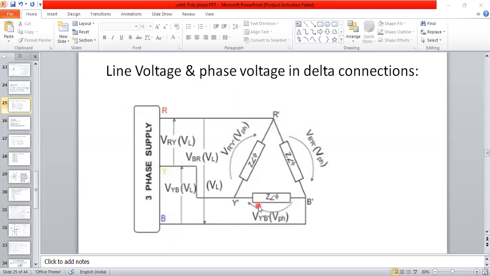We can call that one. So for the delta connection, the line voltages are equal to the phase voltages. VL equal to V phase here now. Compare with the star connection. Star connection में कौन सा equal था?